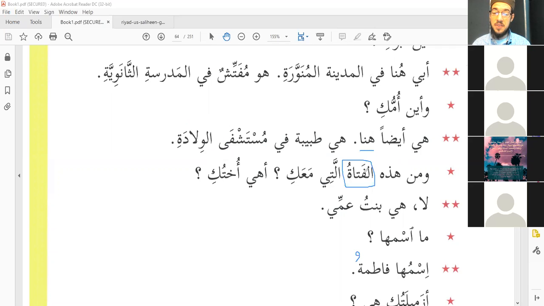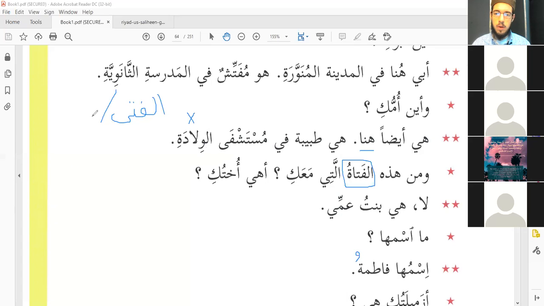Very good. Okay, the second thing to point out here, and again, just file this away in your mind: al-wilada, from walad. We're going to come back and talk about how you derive these types of nouns from verbs, but that's for a later lesson. وَمَنْ هَذِهِ الْفَتَاةُ. This is a new word that's similar to one we learned before. Before we had al-fata with an alif on the end, and that was a young man.